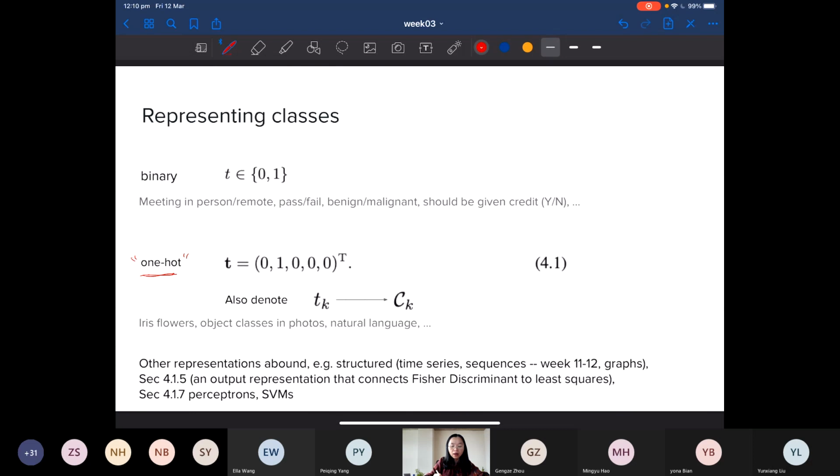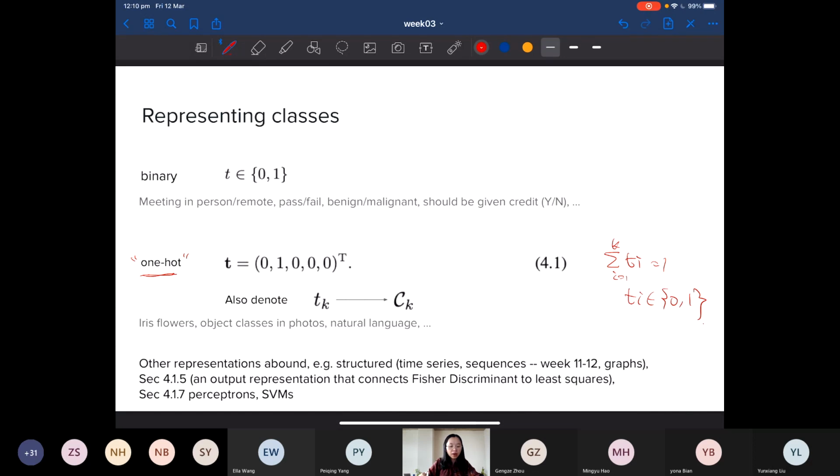And then we assume only one of these classes is active, meaning the entry corresponding to that class is 1, everything else being 0, right? So the corollary of that is, if we sum over the different dimensions of T, over i from 1 to K, it should be 1, right? And then T_i is binary.